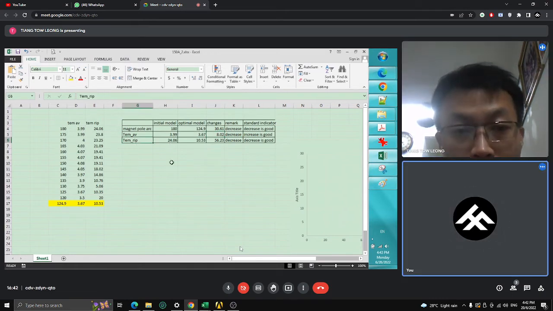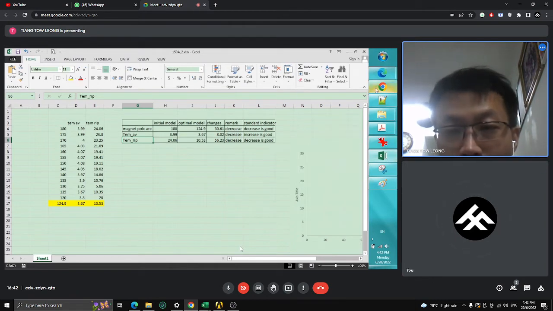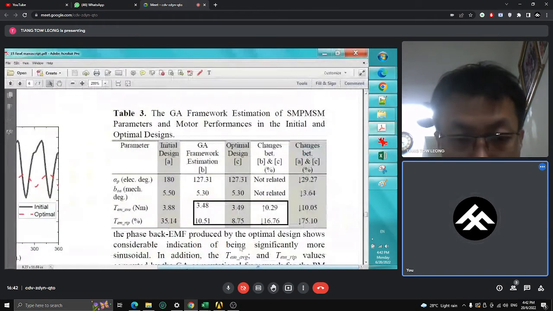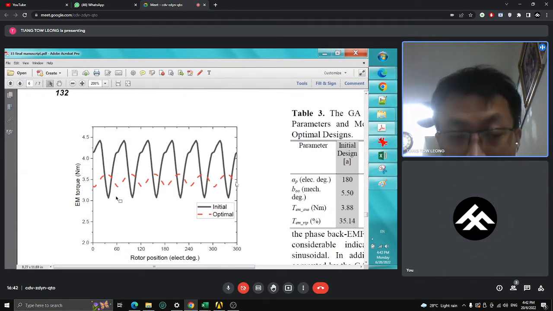And then the ripple. Do you know what ripple is or not? Ripple means the EM torque, from the maximum to the minimum. This is called ripple. Can you understand or not?